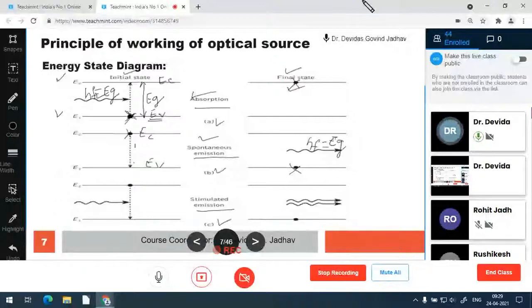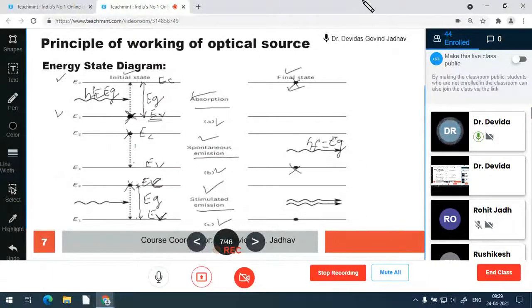Now the third case, stimulated emission. There is an electron in the valence state, and there is one more state, the conduction state. The difference between these two states is the band gap energy Eg.